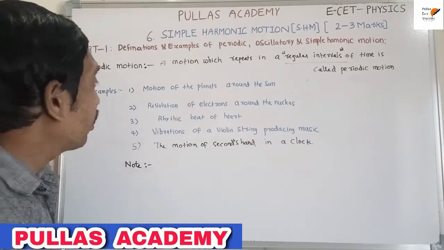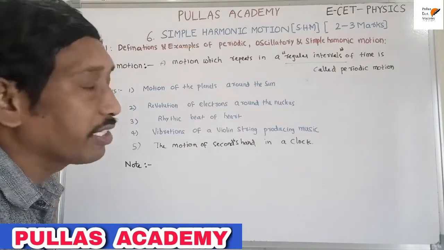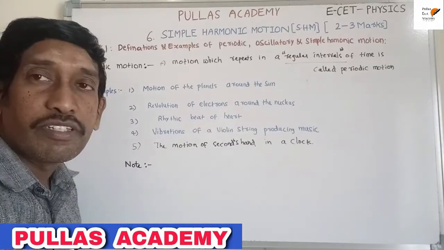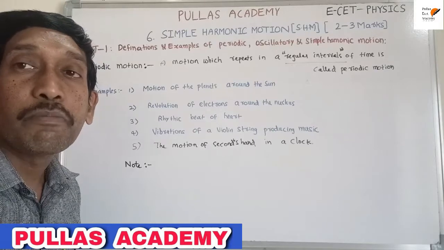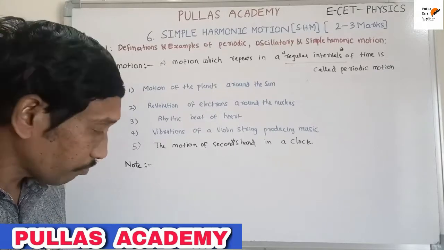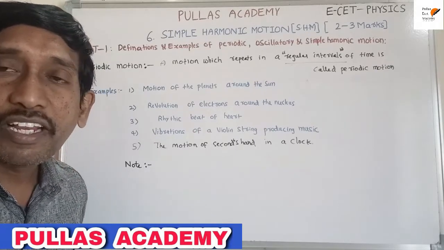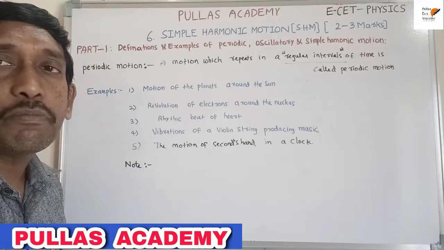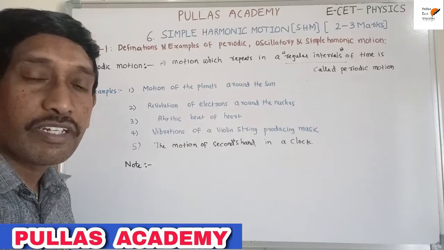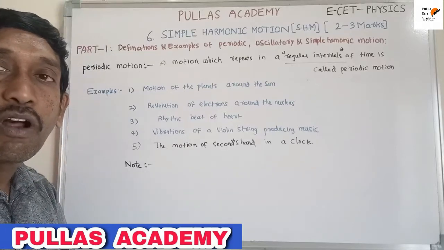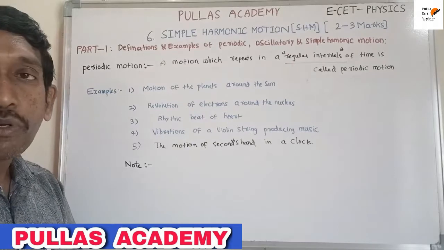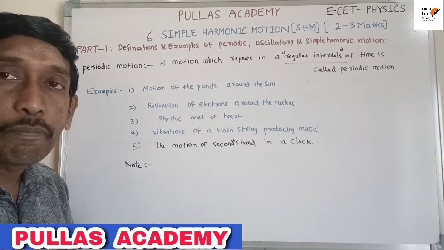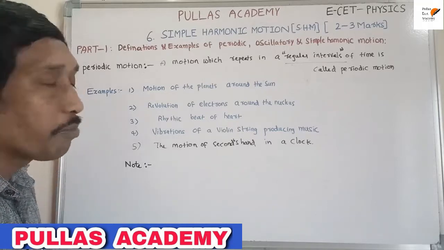Alright, so now what is the important point about periodic motion? Actually, periodic motion is represented by some harmonic functions, for example the sine function and cosine function. These are trigonometric functions, which are also called harmonic functions. This periodic motion is always represented by these harmonic functions.